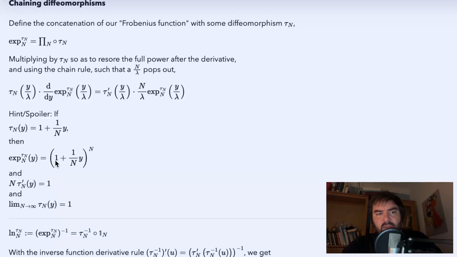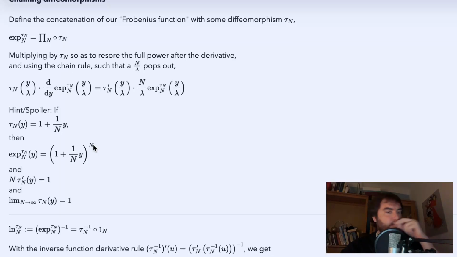Taking the derivative of this gives just 1 over n, so n times the derivative is just 1. This is exactly this part here, so it immediately falls off in this special case. And for large n, this is just 1, so you can see that this exactly gives the exponential function.